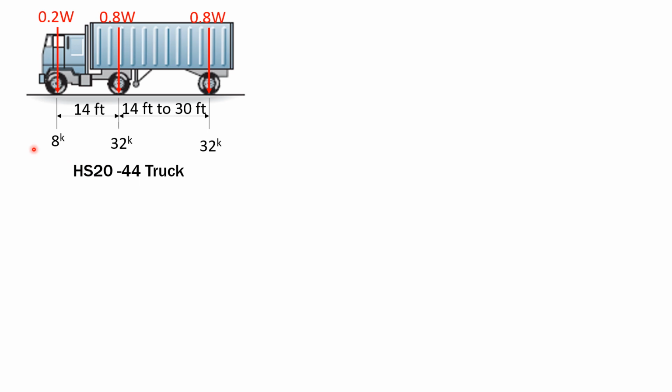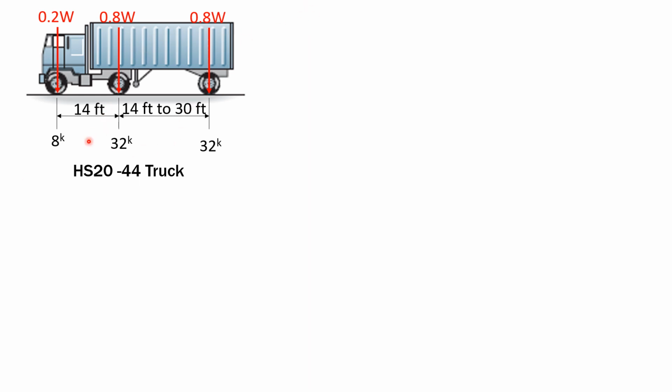So if you notice, the first two is equal to the weight of the entire truck. 8 kips plus 32 is 40 kips, and one ton is 2 kips. Therefore, this is 20 tons. So that's why you have here the designation number 20.